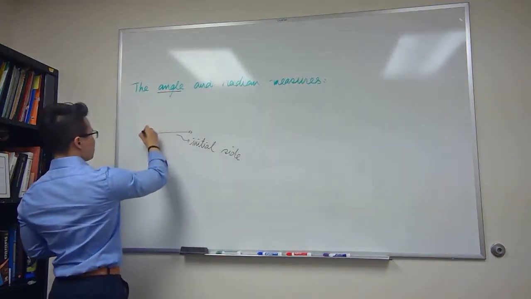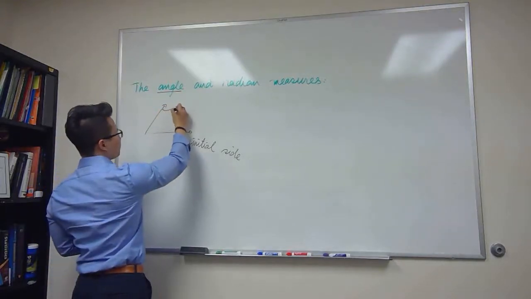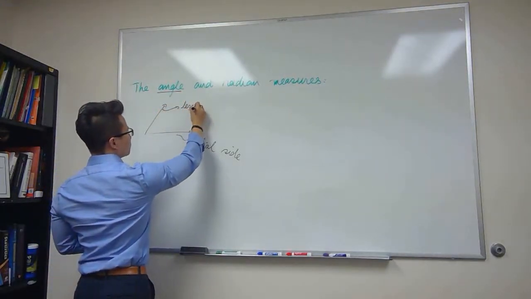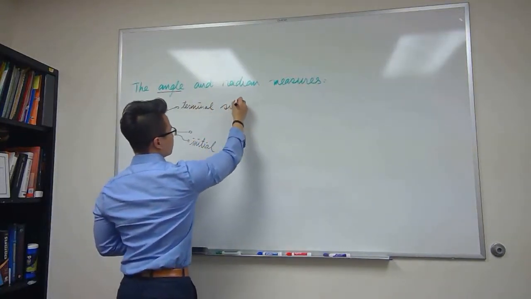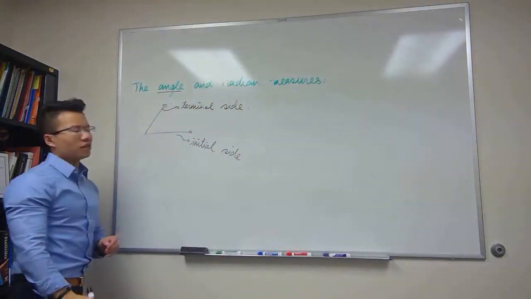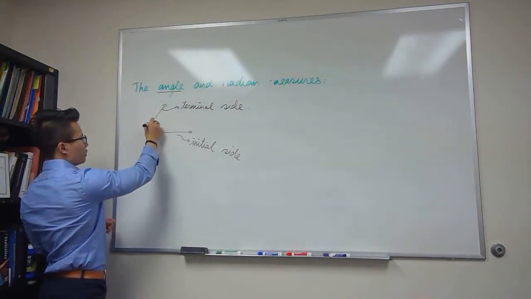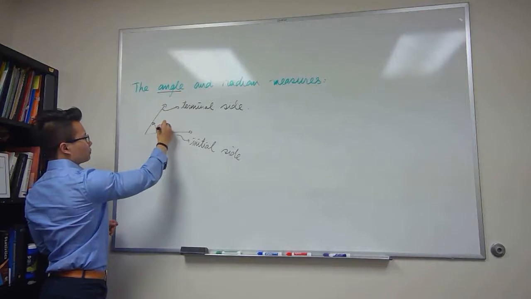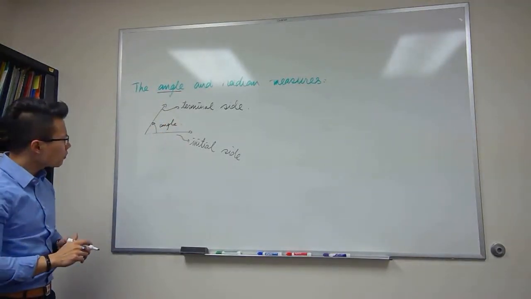And then we end up being something, it's what we call the terminal side. So it ends up with the terminal side in here. And the way how we create it from here to here, it's the angle. Okay, so that is the angle.